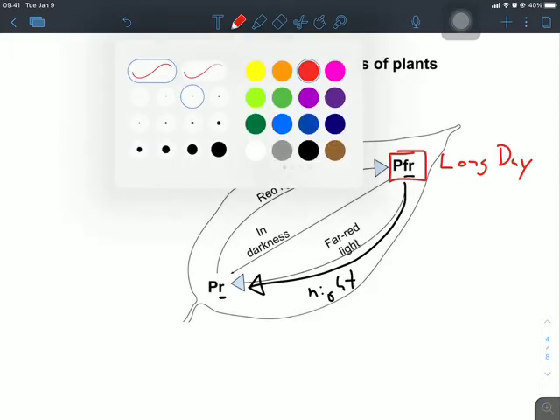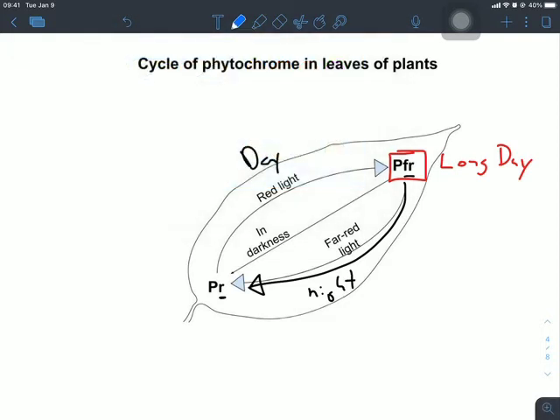Short day plants are the exact opposite. They detect when days are getting shorter because they accumulate too much PR because it's not being converted back from PFR, and instead they will flower in short days.